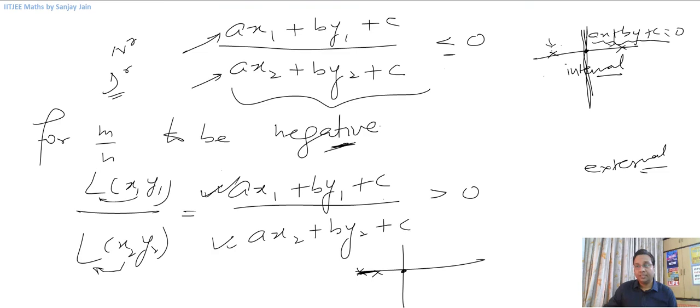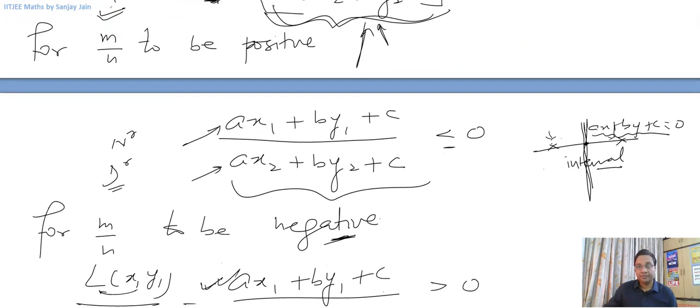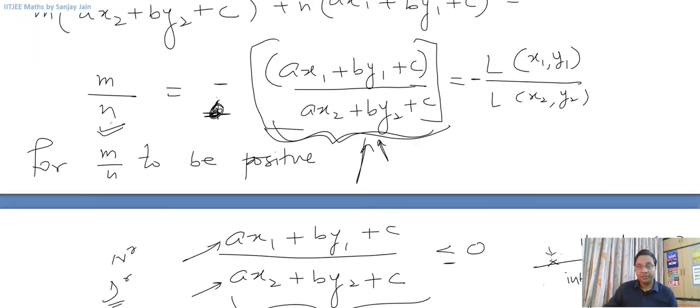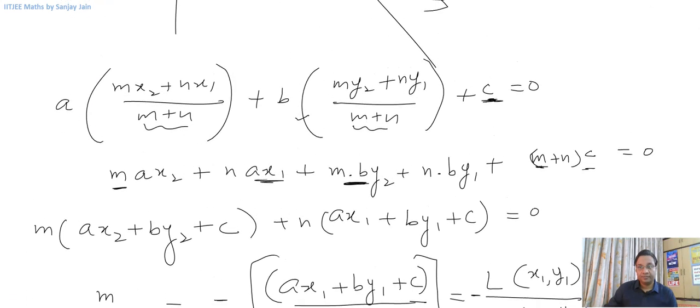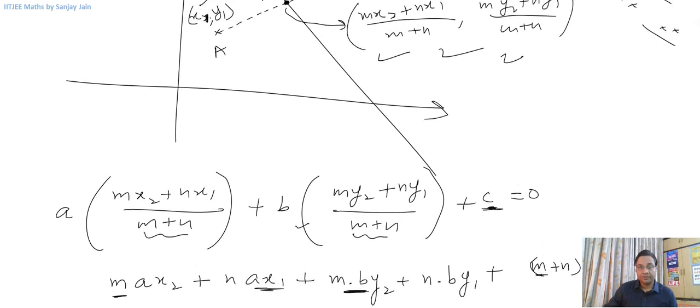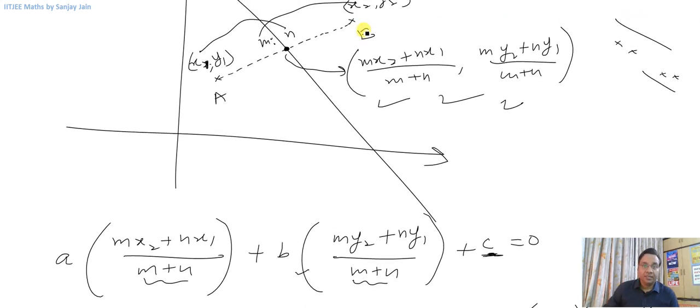So once again, let us look at the diagram. See, this line here divides the join of points A and B internally in m is to n. So m is to n is taken as positive when the points are on opposite sides of the line, or this line divides the join of these points internally, right?